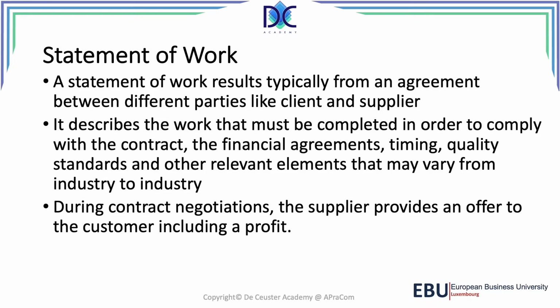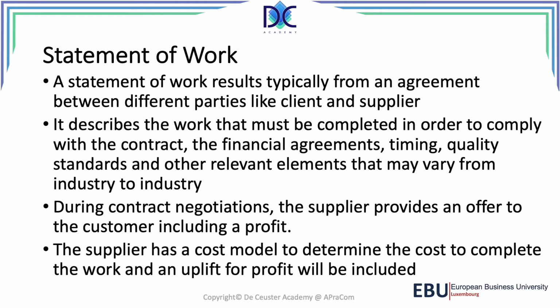Now, the element here is that you have contract negotiations. As a supplier, you provide an offer to the customer, and of course, in that offer, you have to include your profit. Basically, you have to understand the cost model of the services that you're providing.